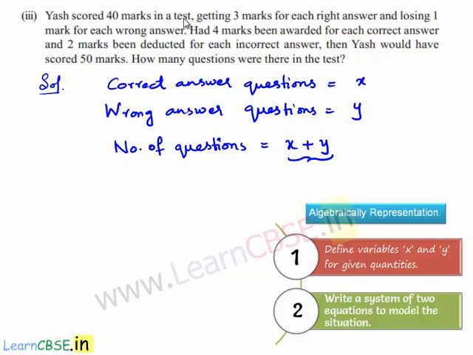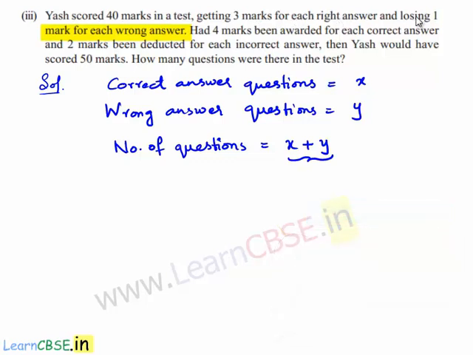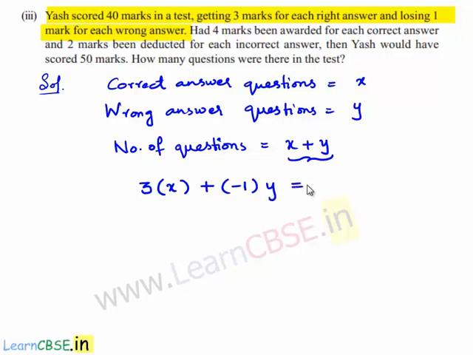According to the given problem, Yash scores 40 marks if 3 marks are awarded for each right answer and 1 mark is deducted for each wrong answer. So we can say that 3 times x plus minus 1 times y is equal to 40.